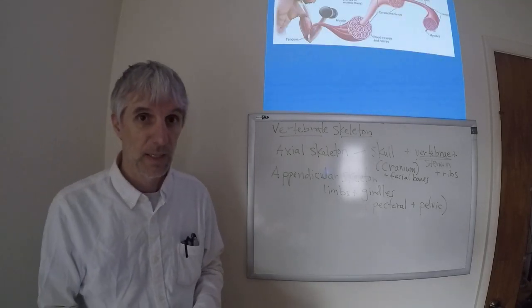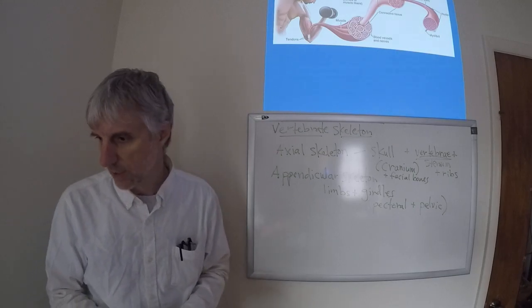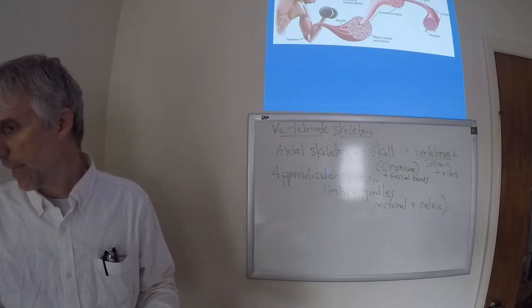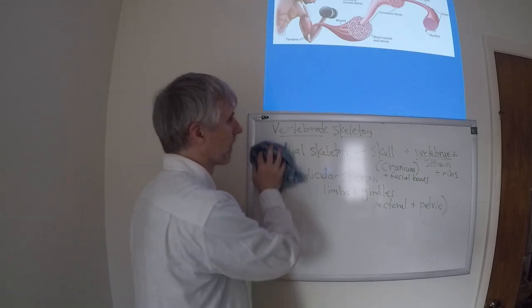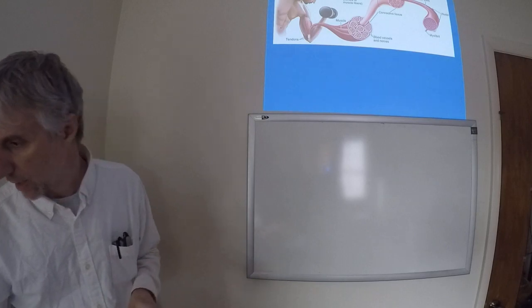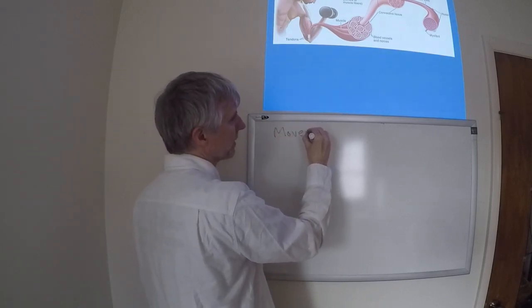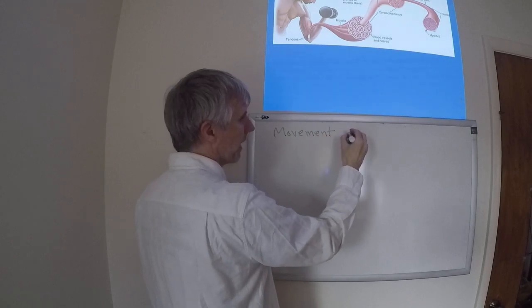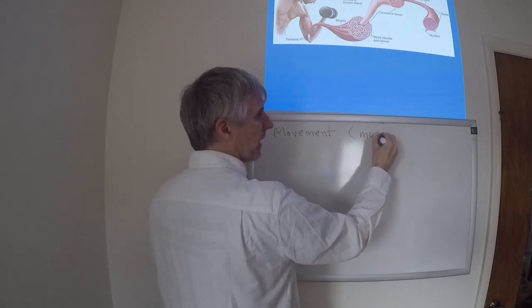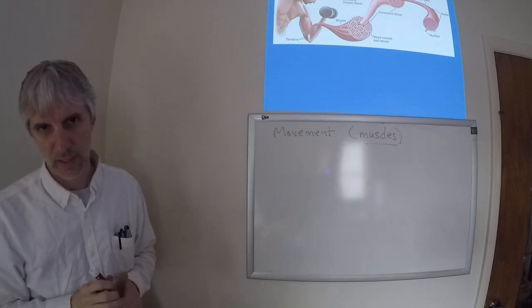All right. Now what we want to do is take the vertebrate skeleton and make it work. Okay, so in order to do that, we're now going to have to talk about movement, and in this chapter there's a big chunk on the muscles in particular.